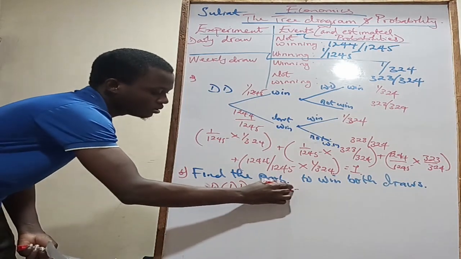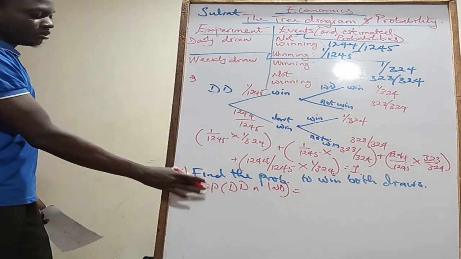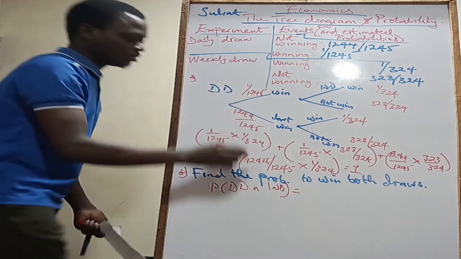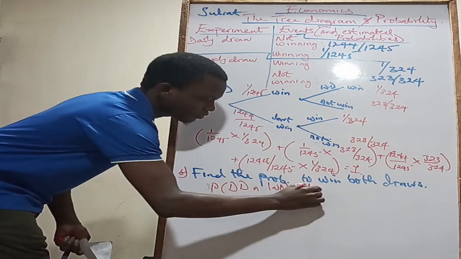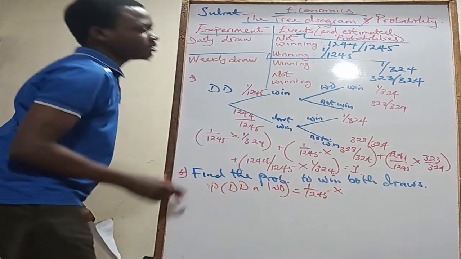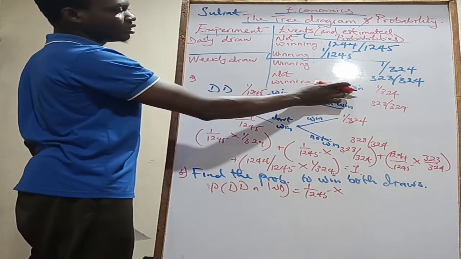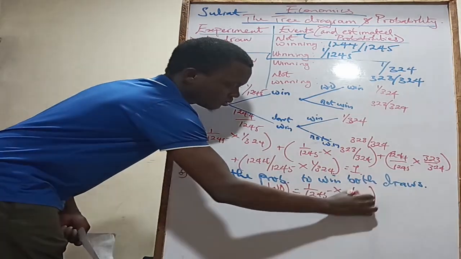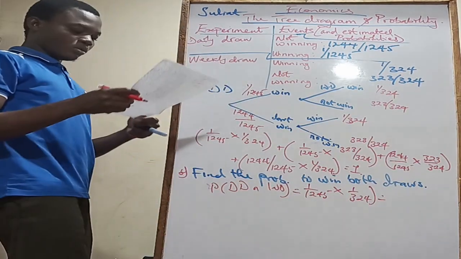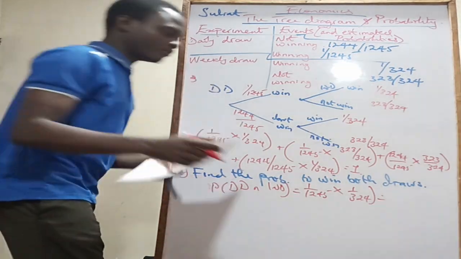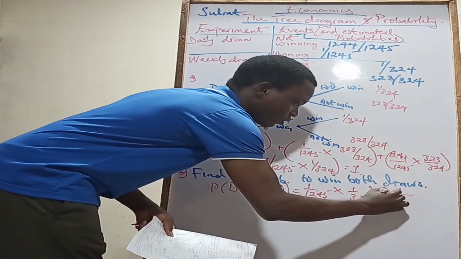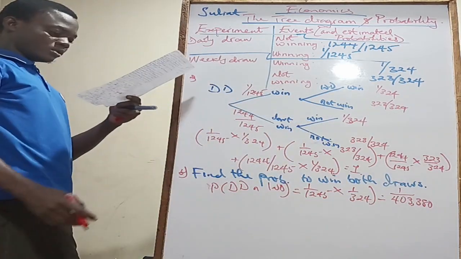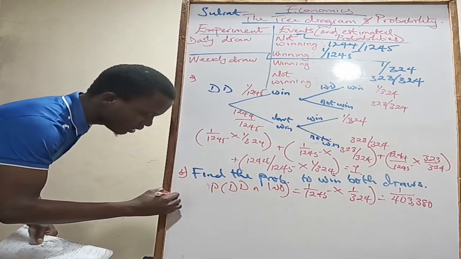When we have an intersection like this, it is times. This is win daily draw, 1 over 1245, multiplied by this, win weekly draw, 1 over 324. And then the answer is 1 over 1245 times 1 over 324, 1 over 403,380. Yeah, that's fine. So we're done.